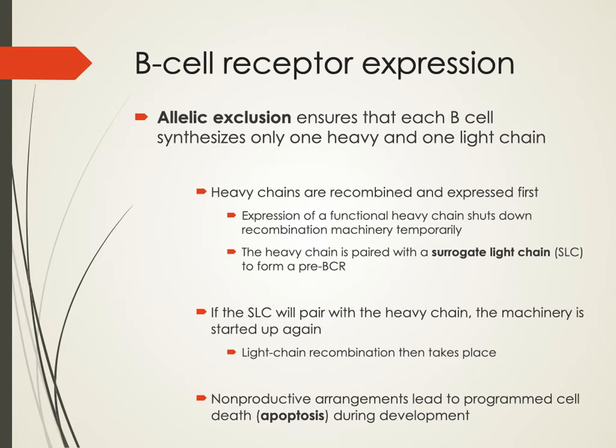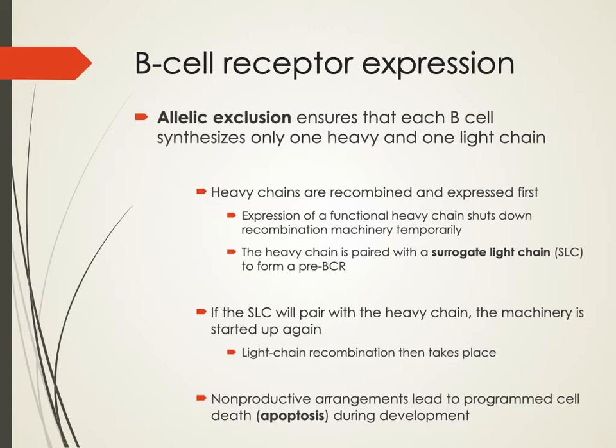So when we're looking at B cell receptor expression, a process called allelic exclusion occurs. And so this ensures that each B cell synthesizes only one heavy and one light chain. So instead of all this process happening at the same time, there's kind of like a step-by-step process. So the first thing that happens is that the heavy chain undergoes recombination and gets expressed.